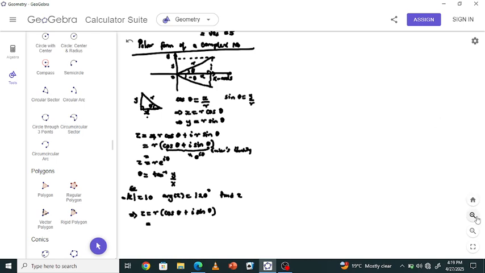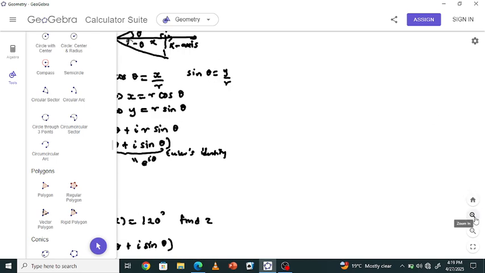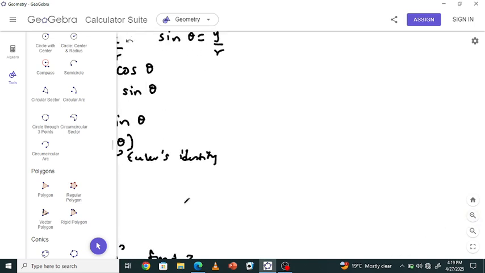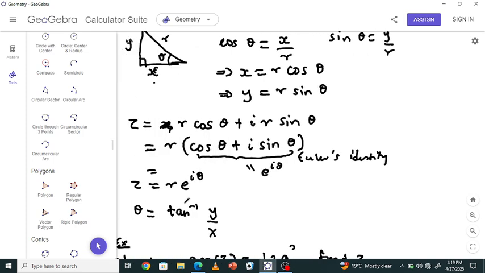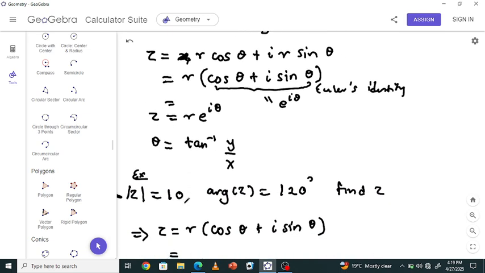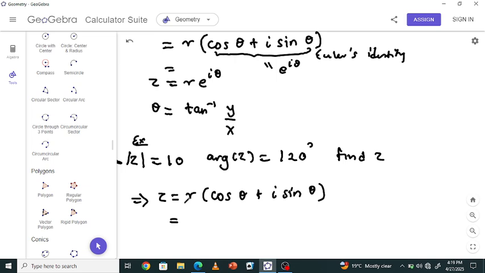We are saying that r is equal to the modulus of z. Now here we have 10 into cos 120 degrees plus I sin 120 degrees.